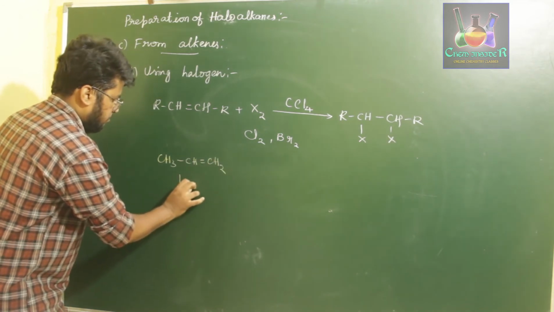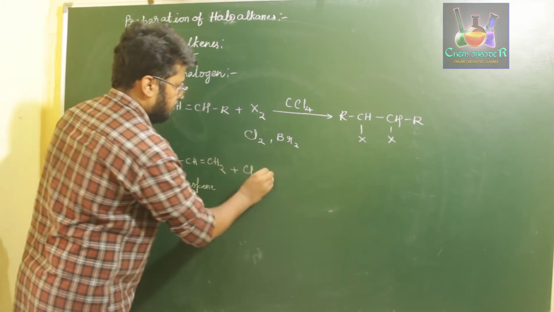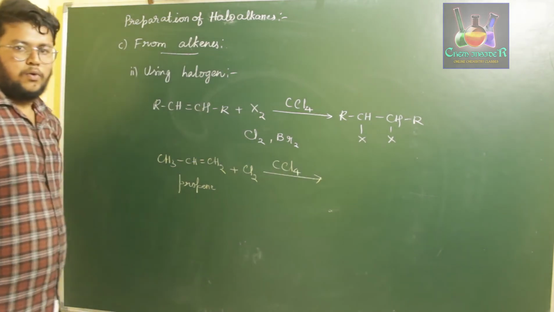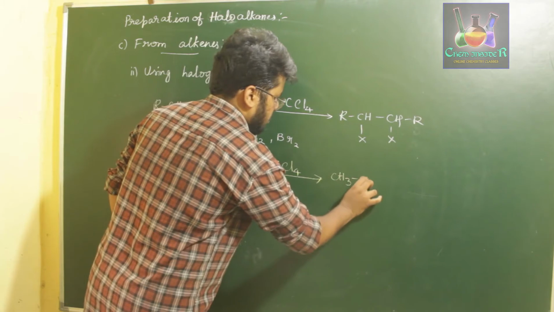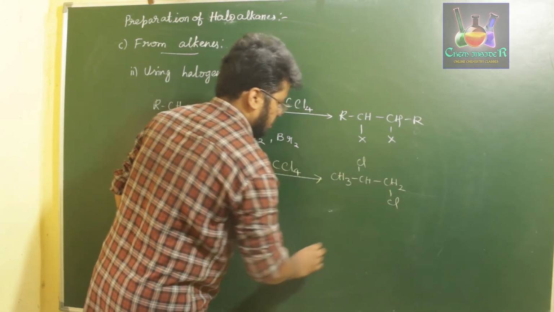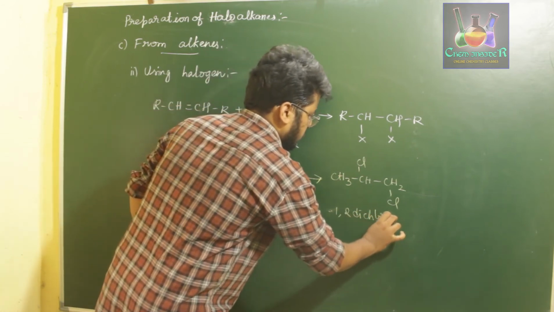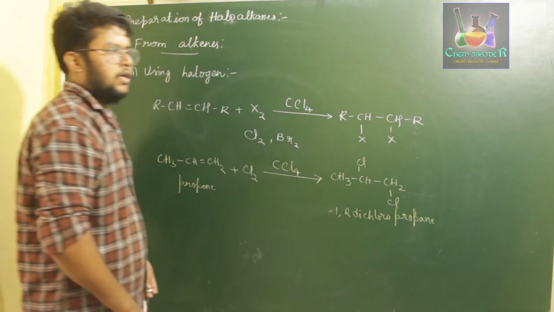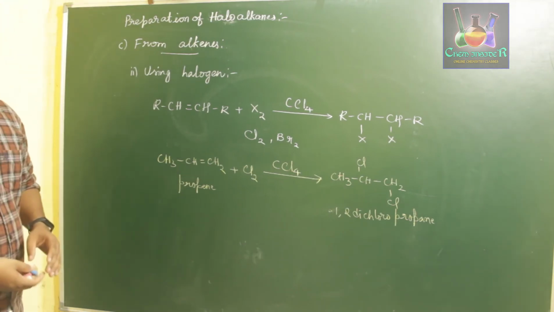This is propene. When propene is treated with a molecule of chlorine in presence of carbon tetrachloride, we get 1,2-dichloropropane, that is CH3-CHCl-CH2Cl. So this is how we prepare dihaloalkanes from alkenes using halogens.